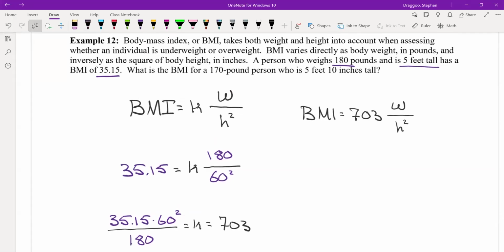So I want to find the BMI for a 170 pound person who is 5'10". So this will be 703 times our new number. 170 for weight, 5'10" for height. So 170 up top. A person who is 5'10" is 70 inches tall.